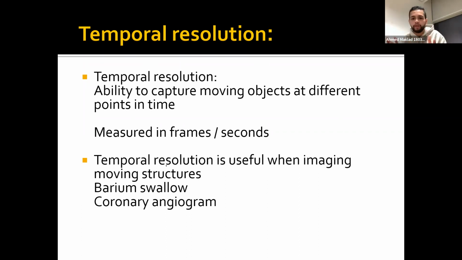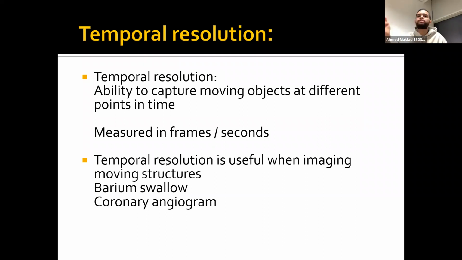Because what are videos? Videos are pictures displayed back to back to back, right? So the more pictures you have per second, the smoother the transition is, the smoother the video is, the more clear it is. So the higher frames per second you have, the better your temporal resolution is.